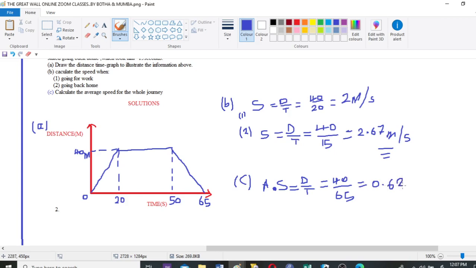So we round off the 5 there and get 0.62 meters per second. So this is the average speed for the whole journey. Okay, hope you've gotten something.